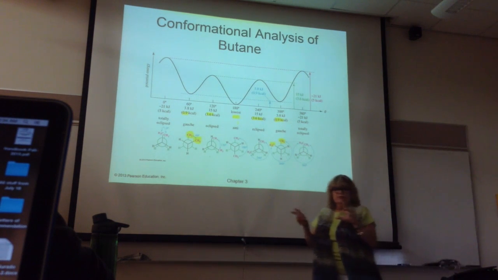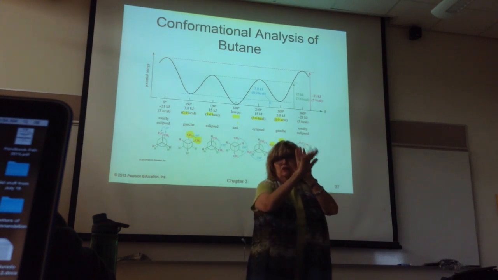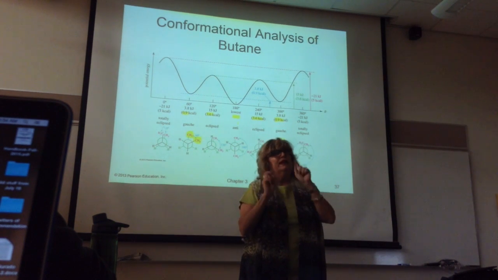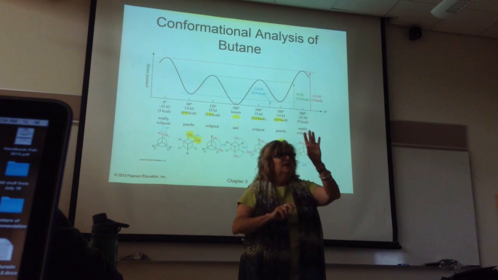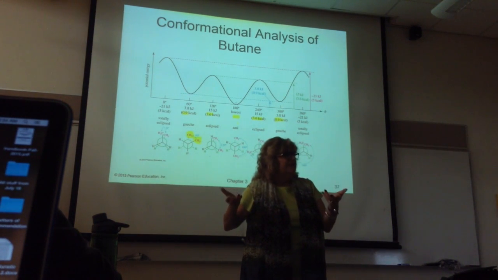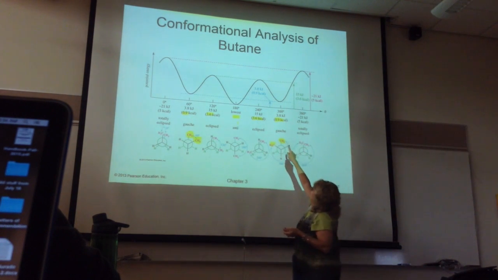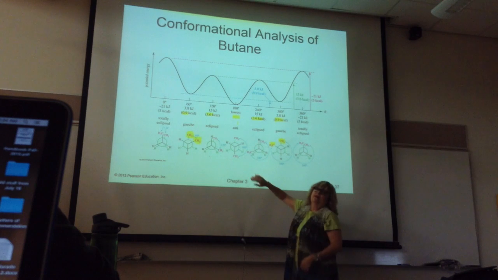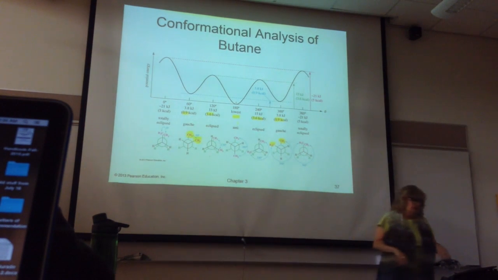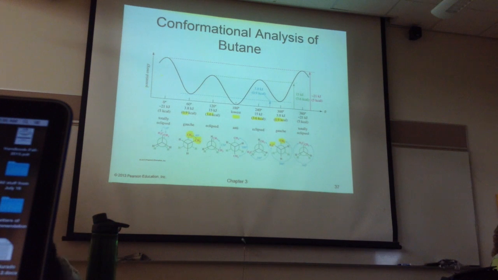When it was propane, a hydrogen eclipsing a methyl, it was 3.3. Now we have 2 hydrogens eclipsing 2 methyls, it went up by another 0.3 to 3.6. Yeah? 3.6. And then when you have the two methyls eclipsing one another, it goes to the highest, which is the 5 kilocalories up here.